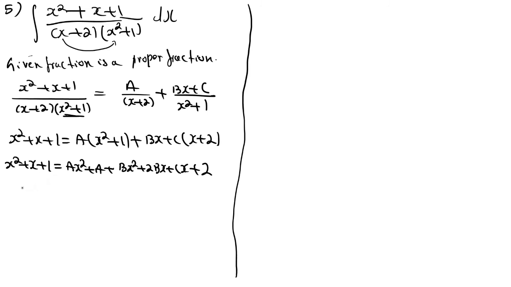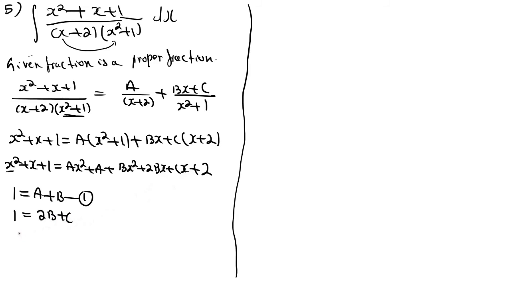In the next step, compare the coefficients. If you compare coefficient of x square, here 1 is equal to a plus b. Take it as equation 1. Coefficient of x, 1 is equal to 2b plus c, right? 2 into b plus c is there.